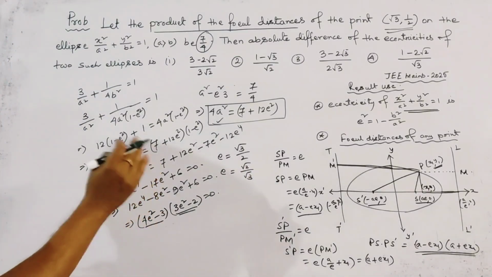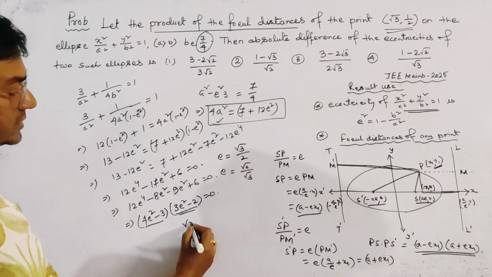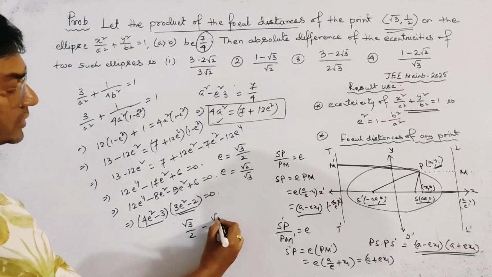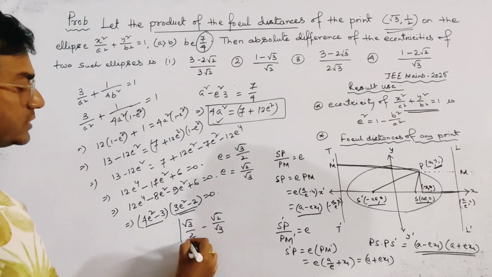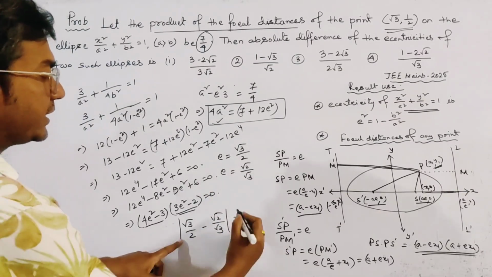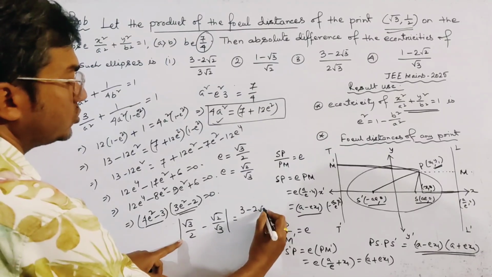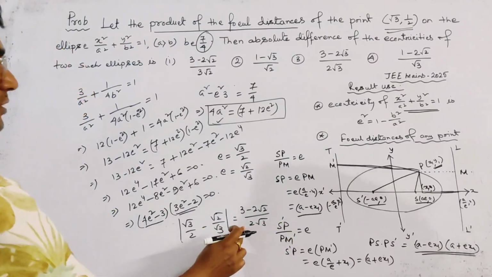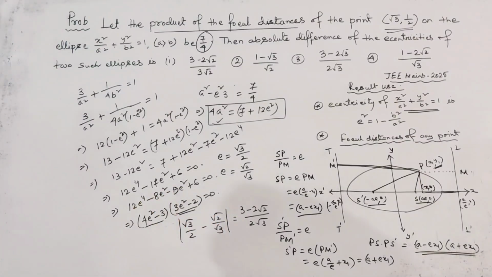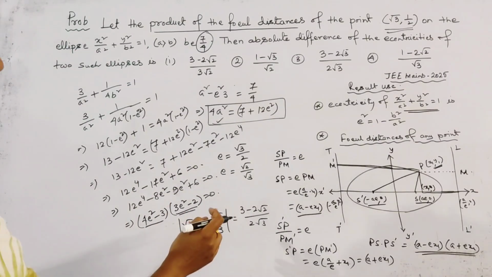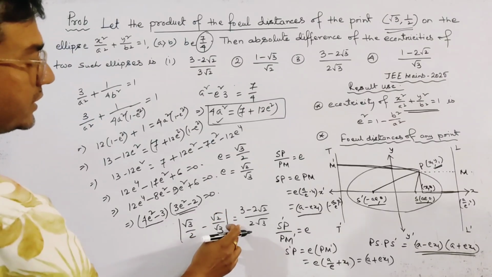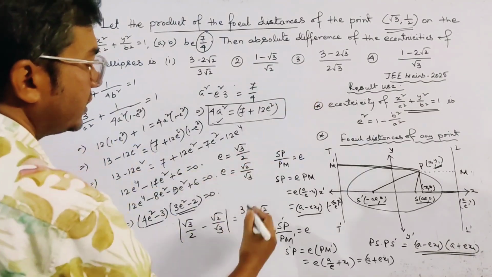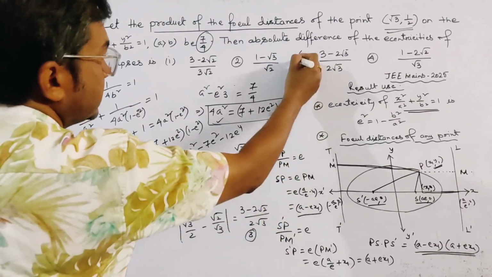Now taking the absolute difference, that is the modulus of root 3 by 2 minus root 2 by root 3, clearly this is (3 minus 2 root 2) by 2 root 3, and we delete the modulus because this is positive. Clearly our correct answer is option number 3.